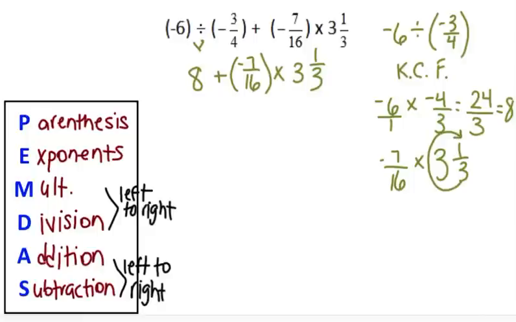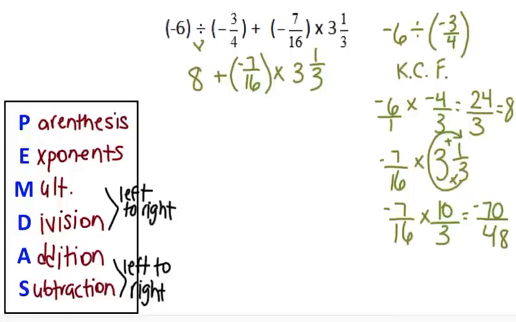So you follow the arrow, you times the denominator by the whole number, so 3 times 3 is 9, plus 1 gives you 10. So -7/16 times 10 over, and I keep my denominator 3. -7 times 10 equals -70 over 16 times 3, which equals 48.